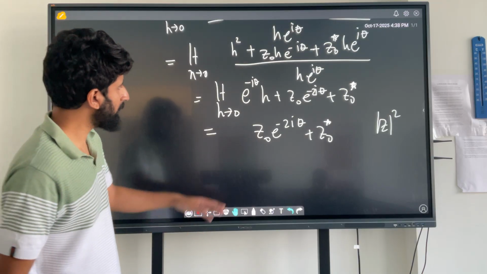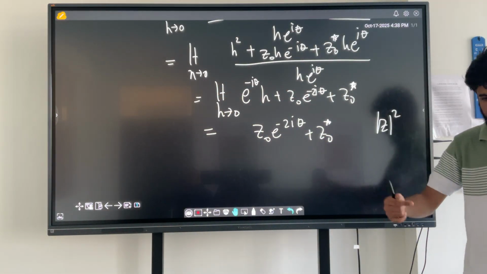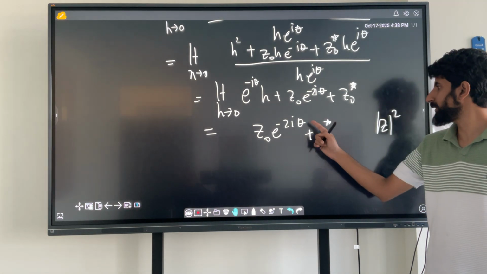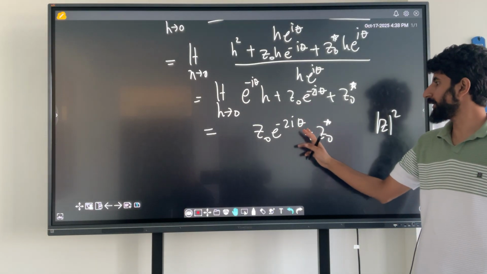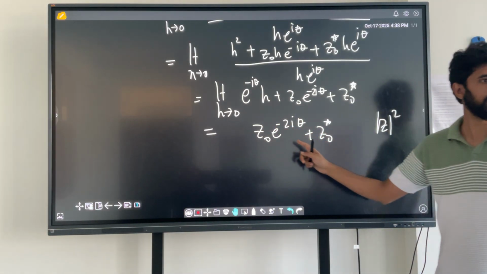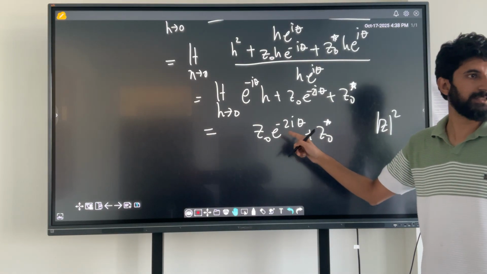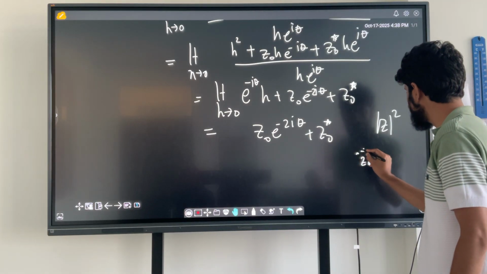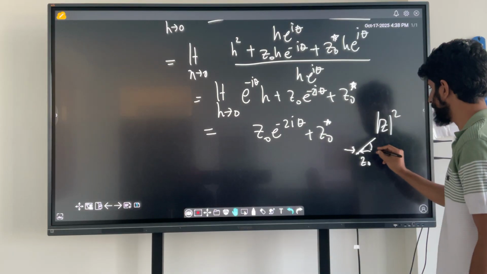But there are two ways you can approach this point, where it takes the same value: theta equal to 0 and theta equal to 2 pi. This depends on theta, but it takes the same value when theta is 0 and theta is 2 pi. So this is your z naught, and this is h e^{i theta}.